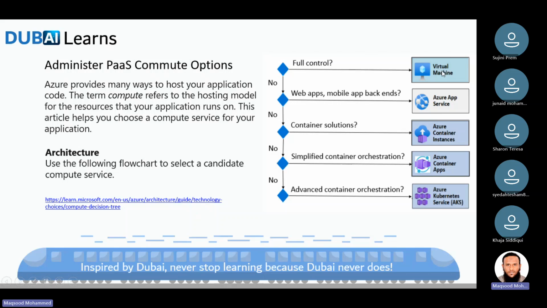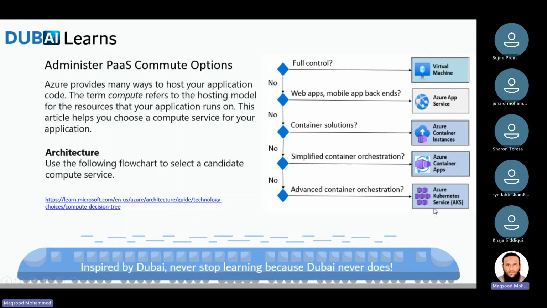You can have multiple applications running, multiple different programming languages, or you can choose the Azure App Service, which you can use for hosting web applications or mobile applications. You also have an option for containers. If you're using microservice architecture in your application deployment, you can go for containers. And for managing the containers, Azure also provides you Azure Container Apps.